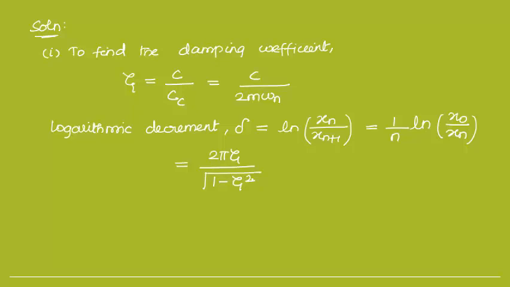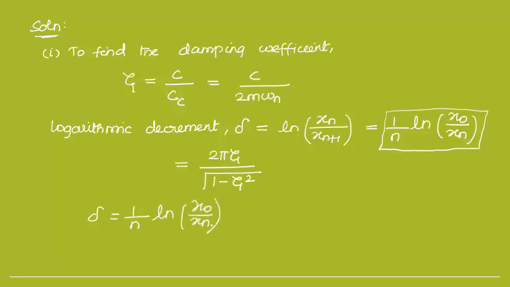Now we need to calculate the value of zeta. The del value is not directly given in the problem, but we can calculate it using the formula 1 by n ln of x0 by xn, from which we can calculate the value of zeta.